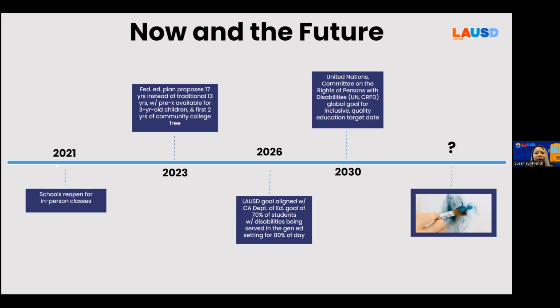In 2030, there's the United Nations Committee on the Rights of Persons with Disabilities global goal for inclusive quality education target date. It's an exciting path we're traveling on with this timeline, and the future is bright for all our students to achieve their fullest potential. The canvas of our future is ours to design.